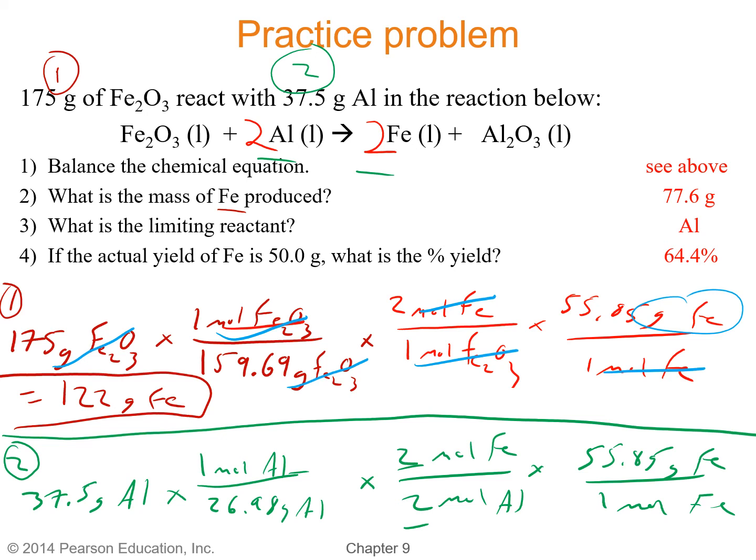And we can see grams of aluminum cancel, moles of aluminum cancel, moles of iron cancel, giving us in 3 sig figs the answer 77.6 grams.